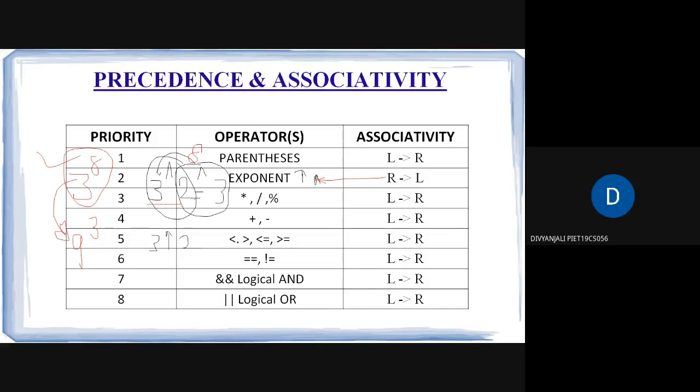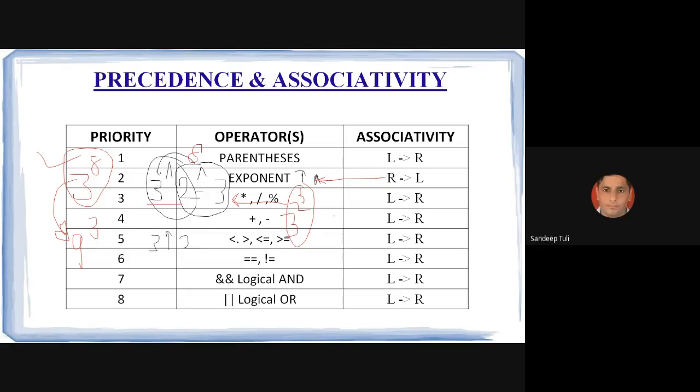Sir, how is it more appropriate? What we want is 2 to the power 3. What is written here is 3 to the power 2 to the power 3, and you write it like this. So it is 3 to the power 8. Is it okay now? Yes, sir.